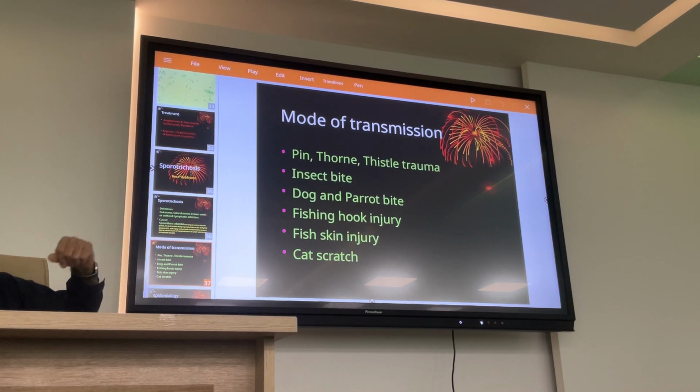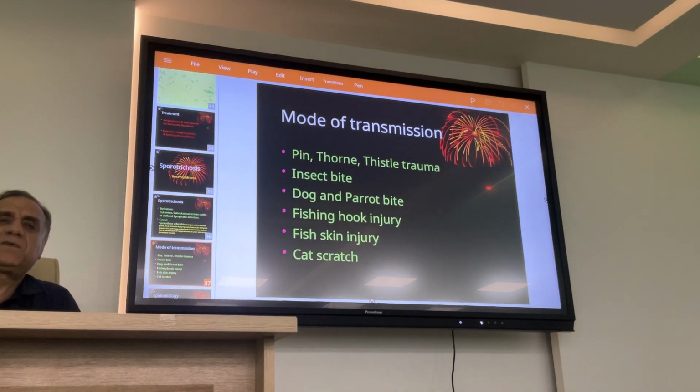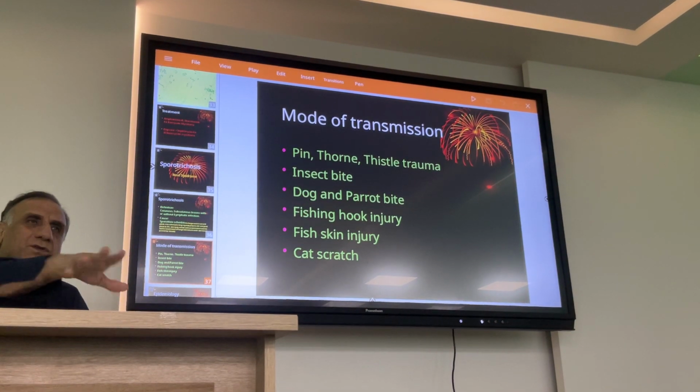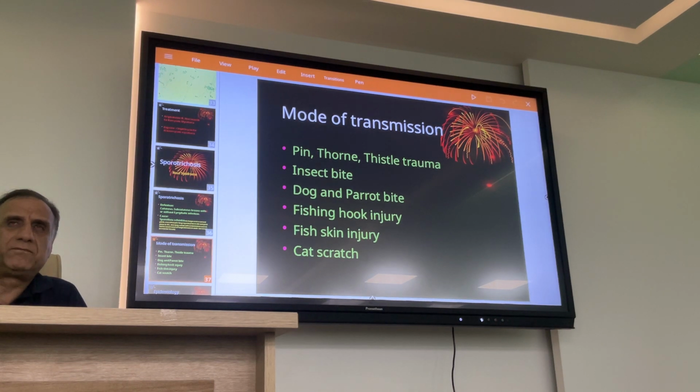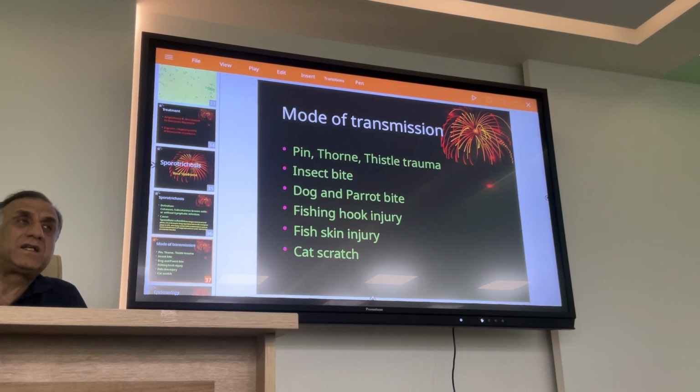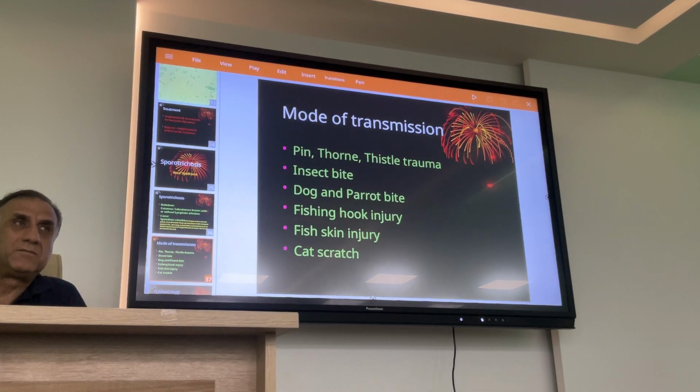An insect bite is mechanical. What is mechanical, and how is it different from physiological transfer? In parasitology, you have malaria and leishmania. That transmission is physiological because the microorganism changes.